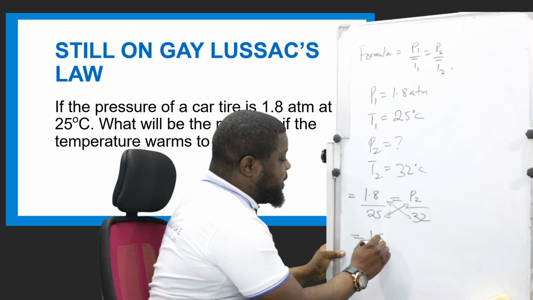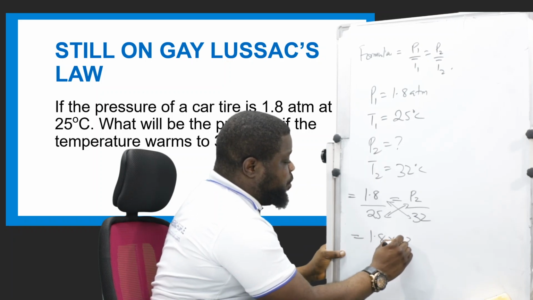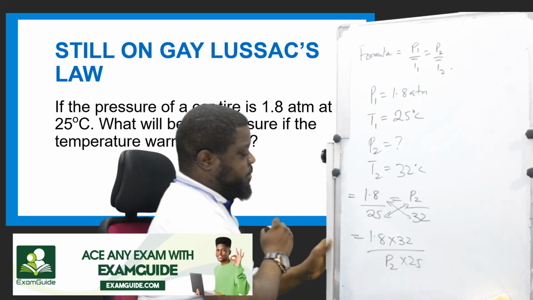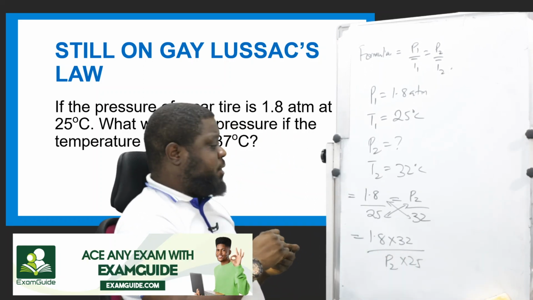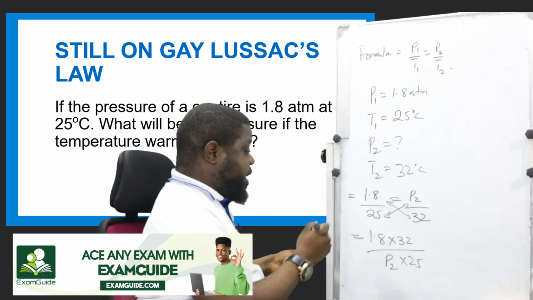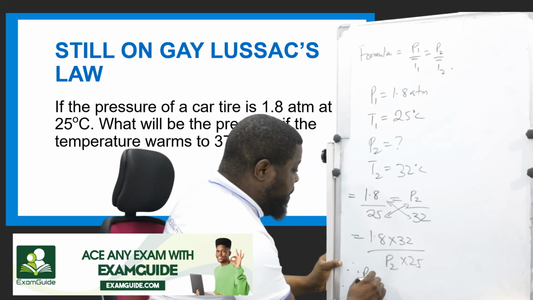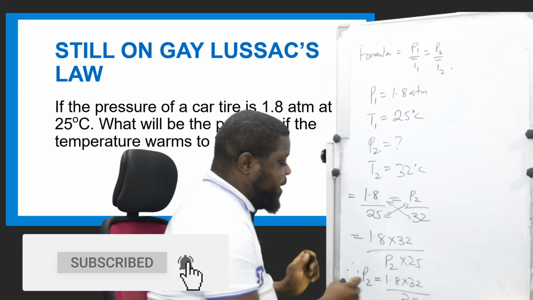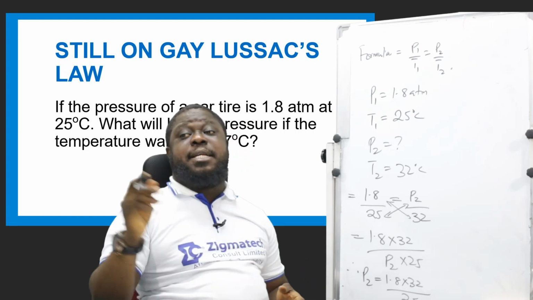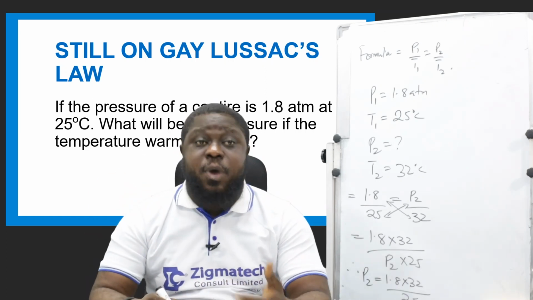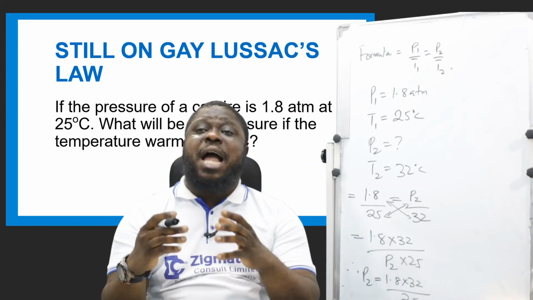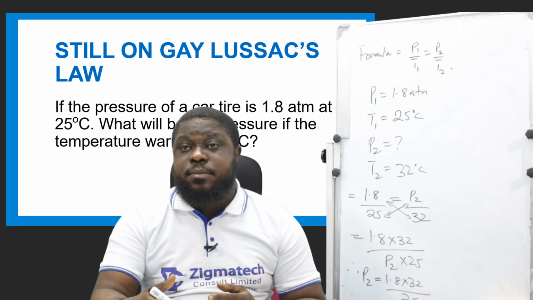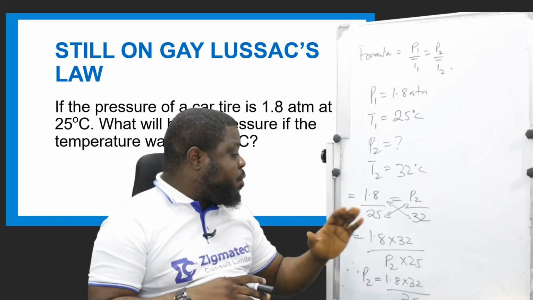So 1.8 times 32 equals P2 times 25. Are you following? Yes. Therefore, P2 will be equal to 1.8 times 32 divided by 25. When you make a calculation on this, you see your answer come out clearly.